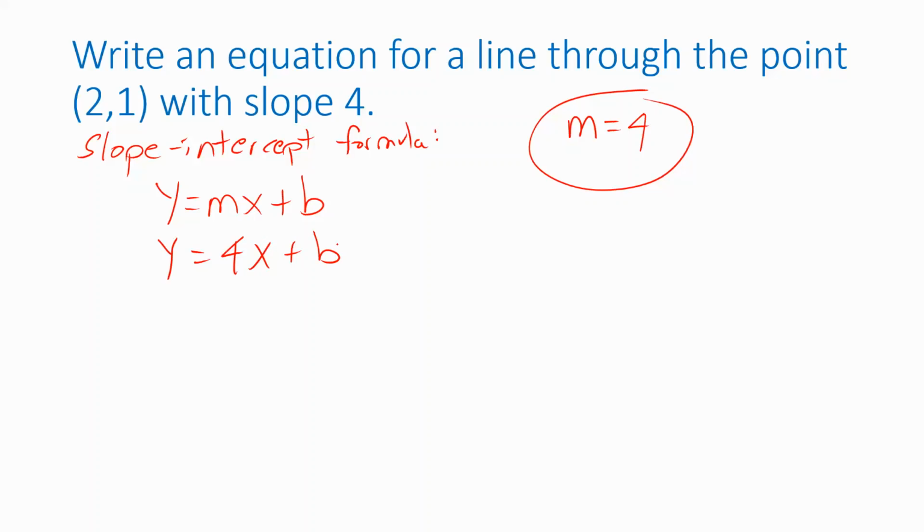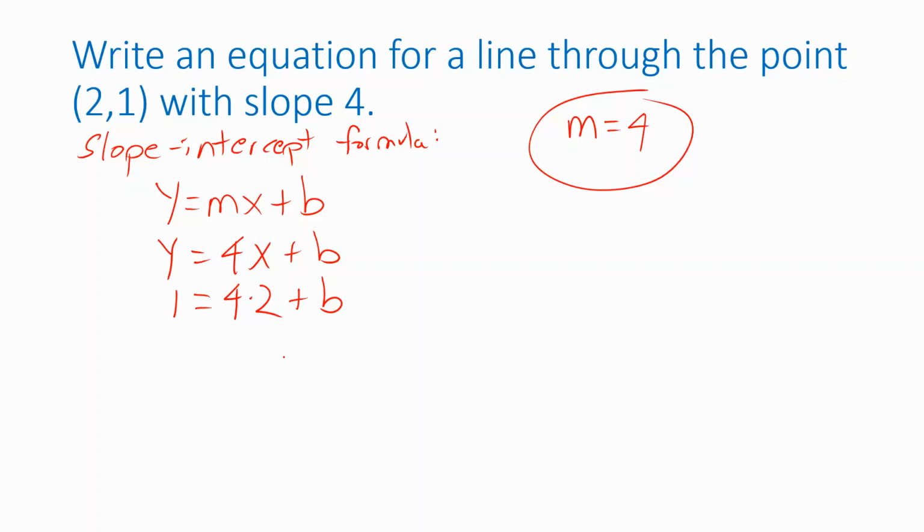Now how do we find the y-intercept, the b? Well, in order to get that, we have to, in this case, plug in the given point. So I know that if I plug in a 2 for x and a 1 for y, that's a solution of this equation.